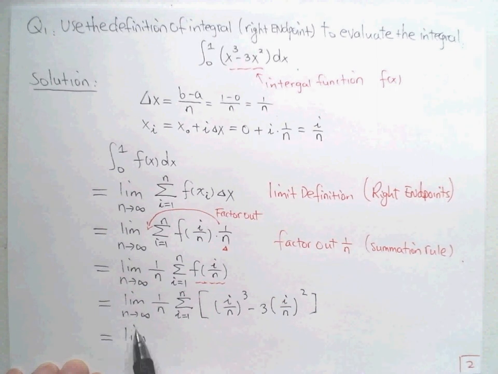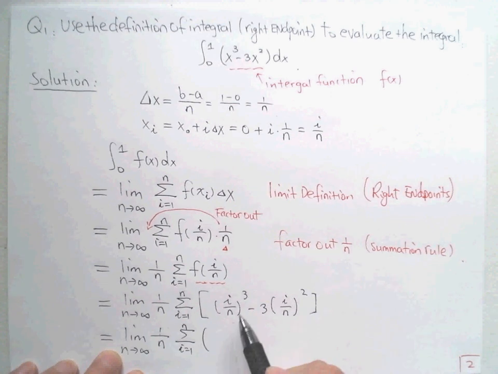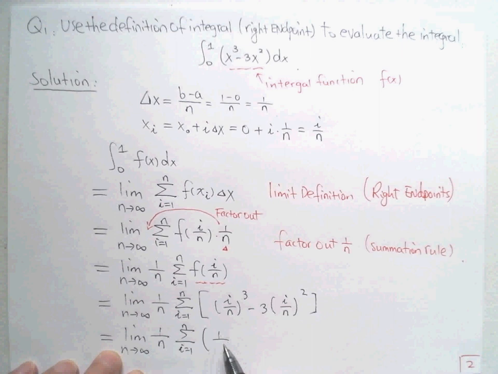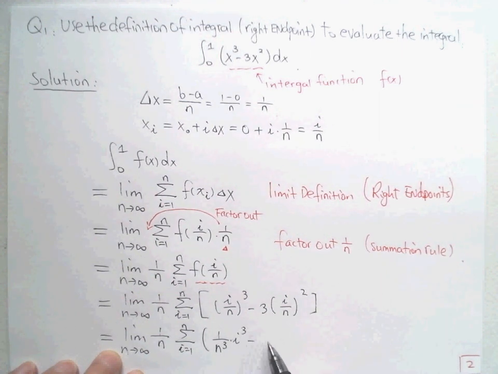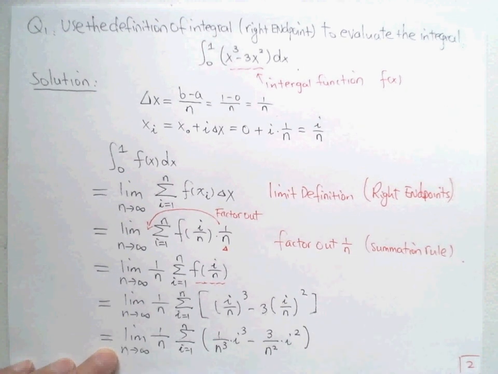Simplify first: the limit as n approaches infinity of 1 over n, sigma i from 1 to n, and this term, i raised to the third power over n raised to the third power. I wrote it in this way, times i raised to the third power, minus 3 over n squared times i squared. Why do we do it this way?